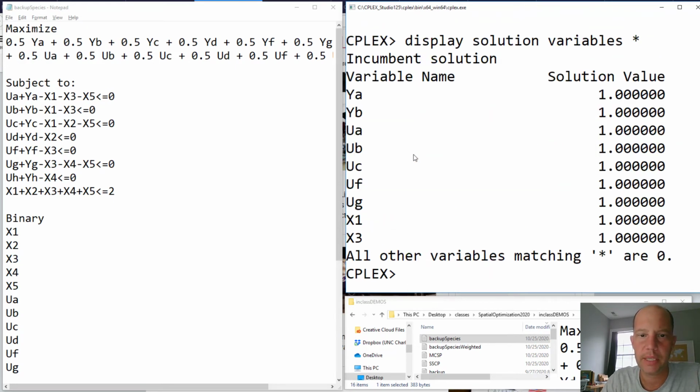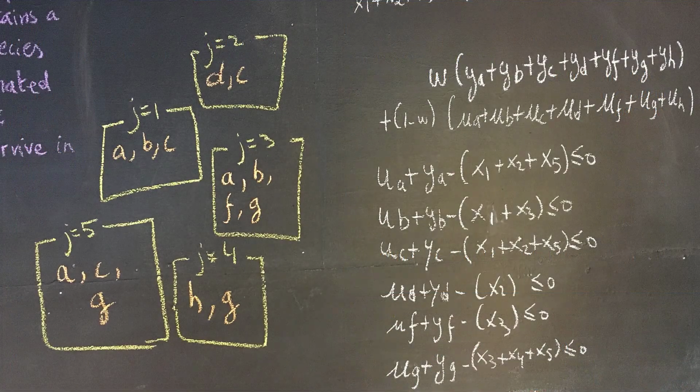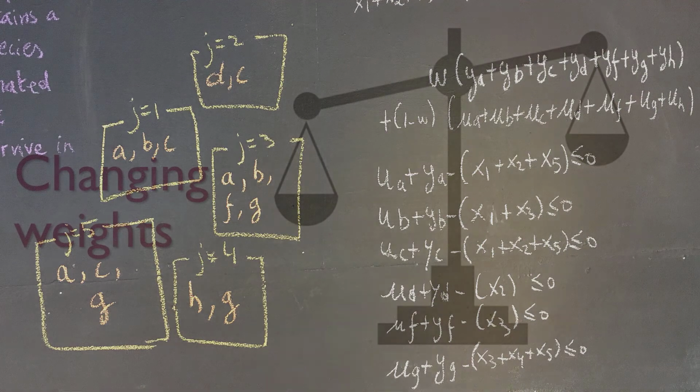Okay, it tells me that x1 and x3 are selected. So let's keep that in mind, x1 and x3. We can see here 1 and 3 being the parcels that are selected.